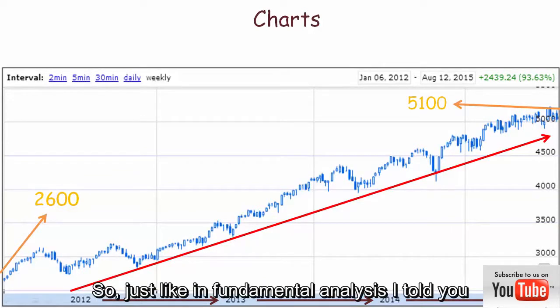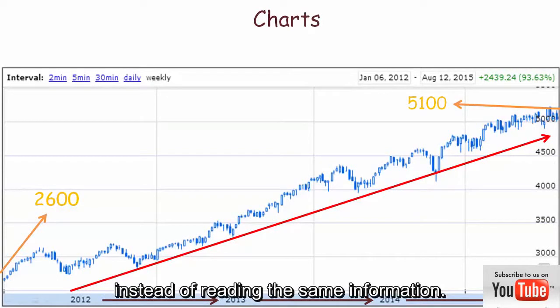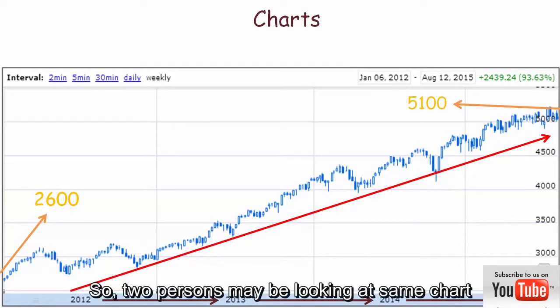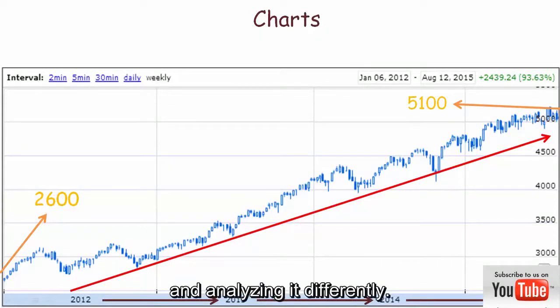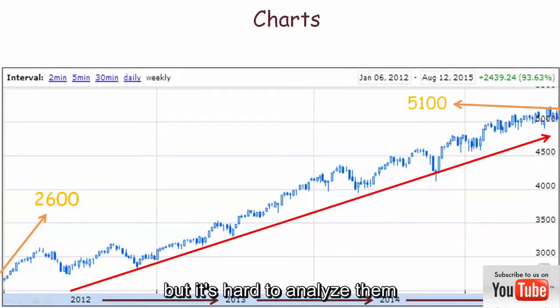Just like in fundamental analysis, I told you that different people have different opinions after reading the same information, and this is more true in the case of technical analysis. So two persons may be looking at the same chart and analyzing it differently. So charts are very useful and show a lot of information, but it's hard to analyze them. But of course not impossible.